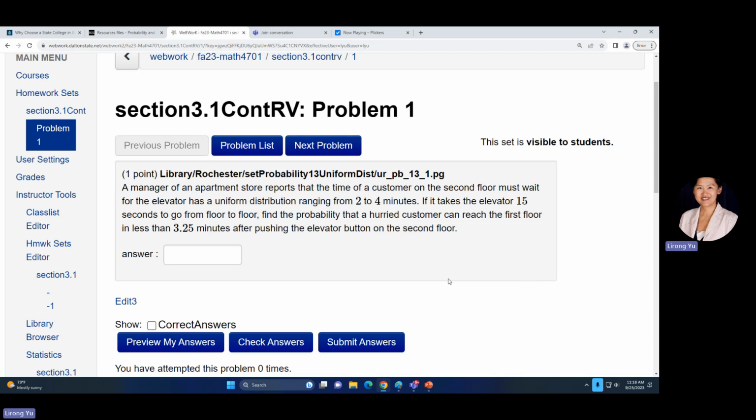If it takes the elevator 15 seconds to go down, I wish I hadn't put this one as the first question. What is the probability that the hurriedest customer can reach the first floor in less than 3.5 minutes?